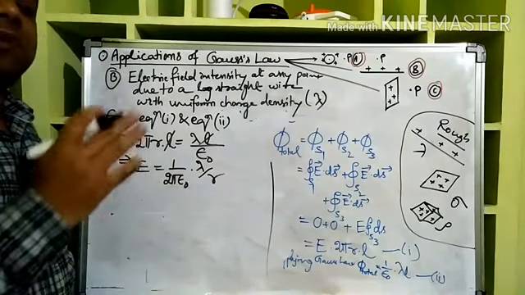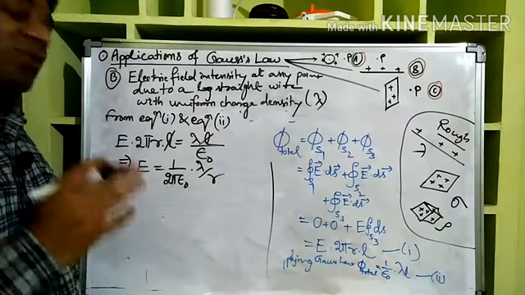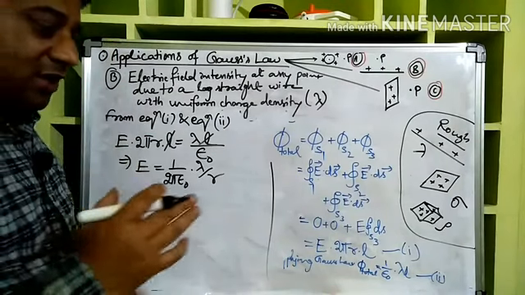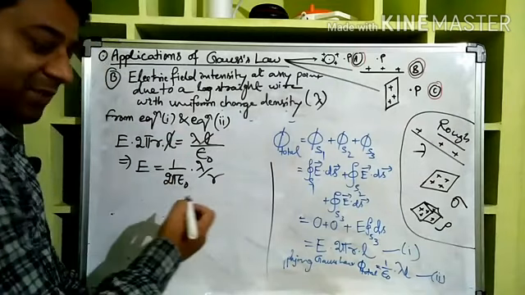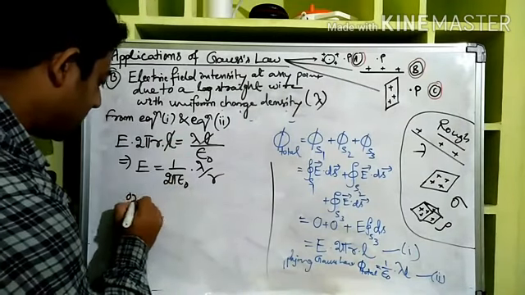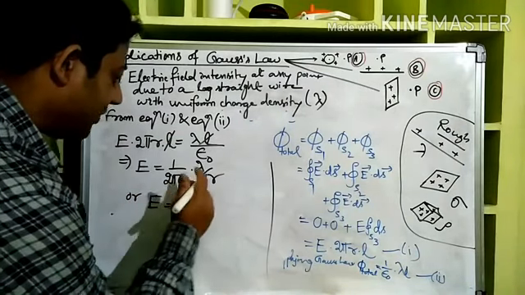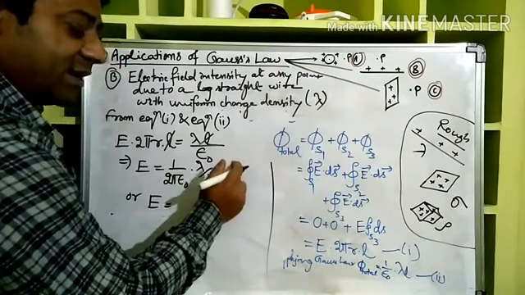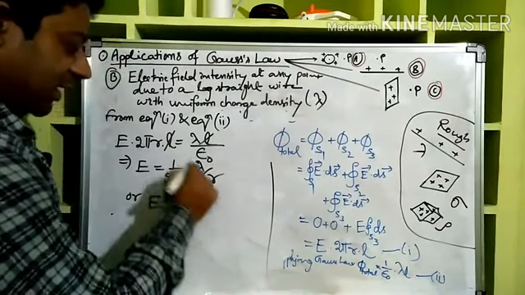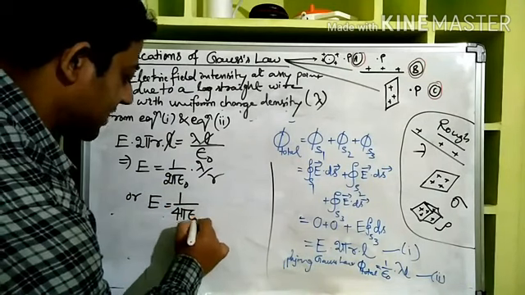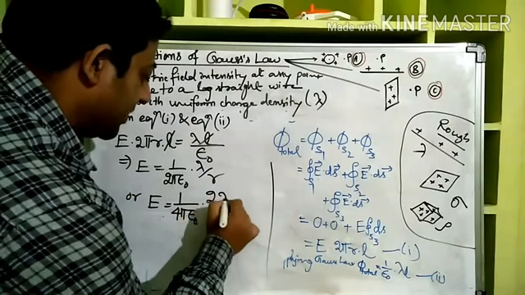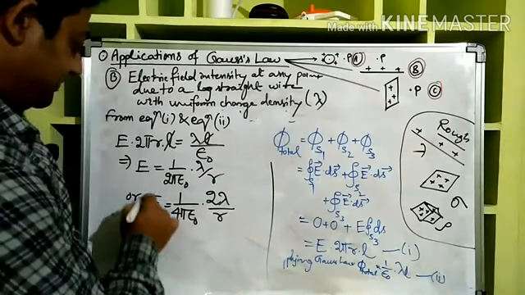Now we know that 1 by 4 pi epsilon naught is equal to 9 into 10 to the 9. It's a good figure we are having. So just to make it easy from a numerical perspective, E is equal to, we multiplied 2 in the numerator and 2 in the denominator, just to make it 1 by 4 pi epsilon naught. So E is 1 by 4 pi epsilon naught times 2 lambda by r.